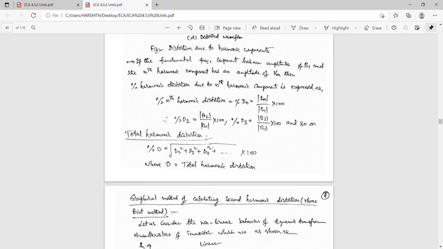So percentage D2 equals B2 by B1 into 100, and percentage D3 equals B3 by B1 into 100. These are the formulas.